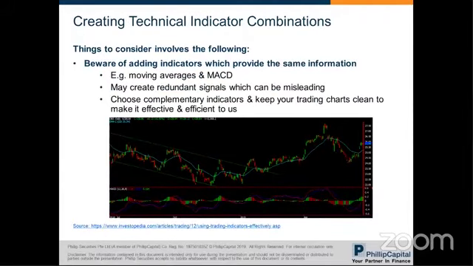Also, another thing, when you add your technical indicators, for example when you want to trade FX CFDs, you wouldn't want to add indicators that give you the same information.